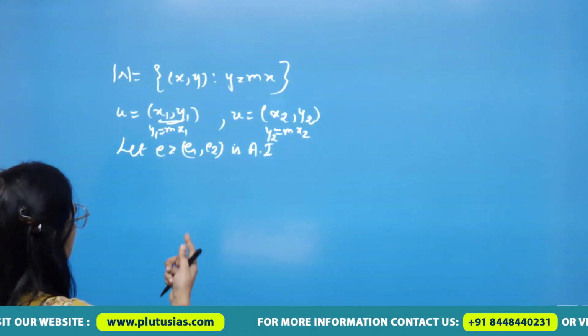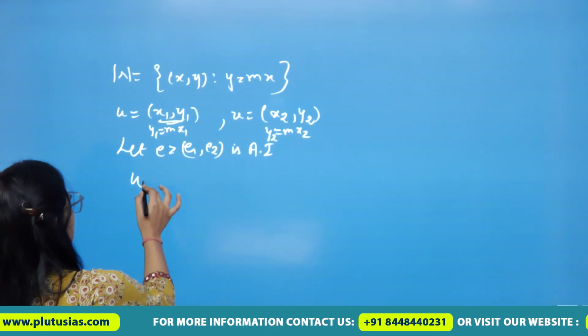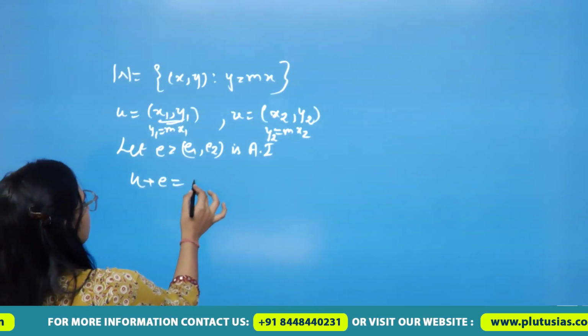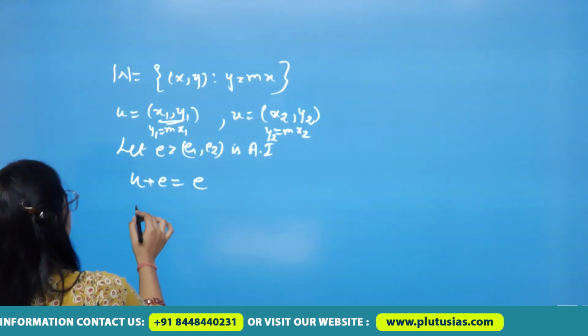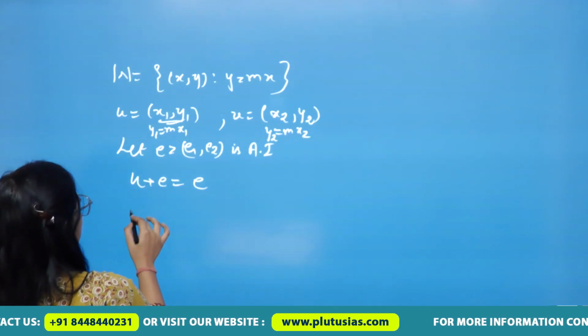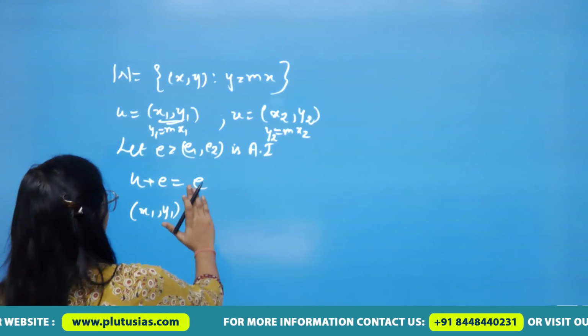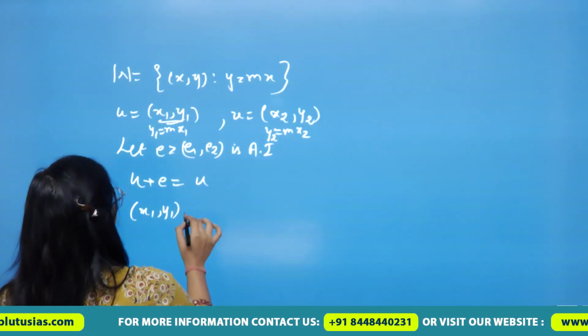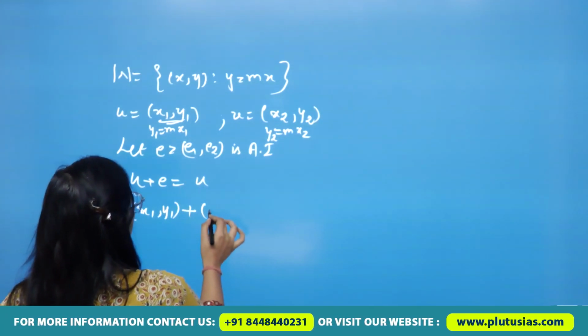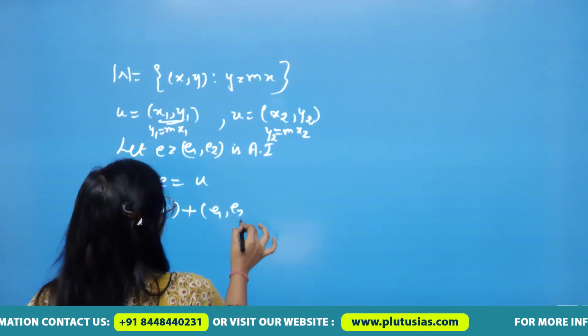Now we have to prove that e is an additive identity and it belongs to that set. If it is the additive identity, then u plus e should be equal to u only. What is u plus e? u is (x1, y1), plus e is (e1, e2).